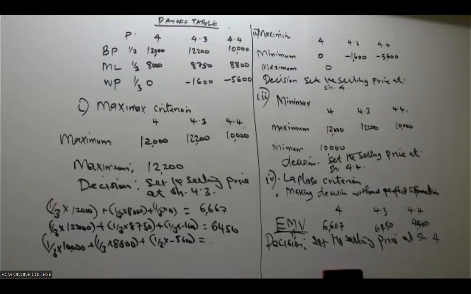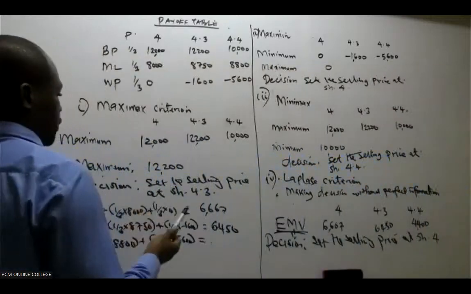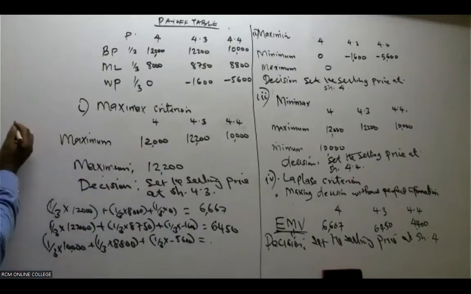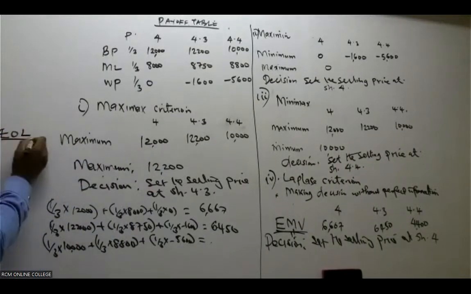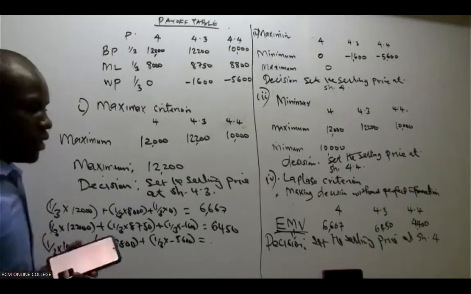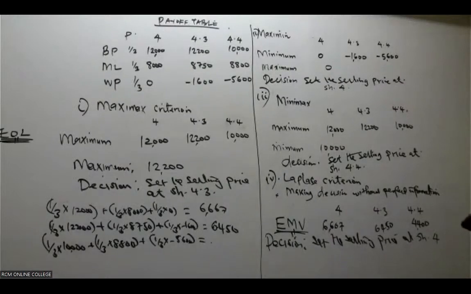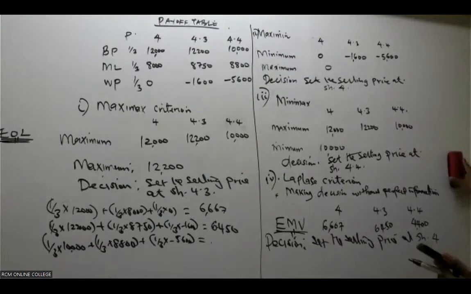Okay, then the next thing that I'm able to see that we should be looking at is the opportunity loss. So we have expected monetary value, and then we have expected opportunity loss. So how are we going to calculate expected opportunity loss? That's what I want us to look at.